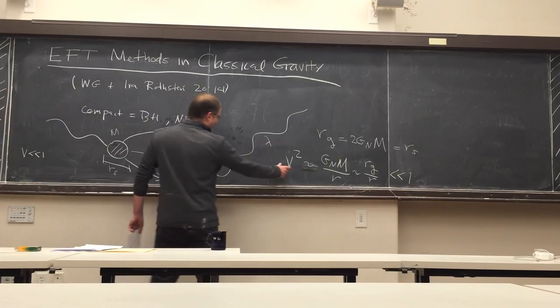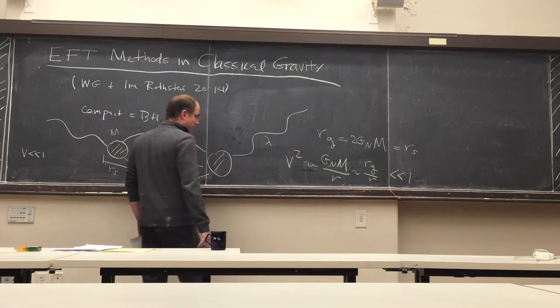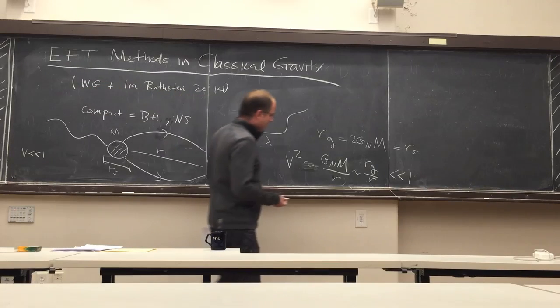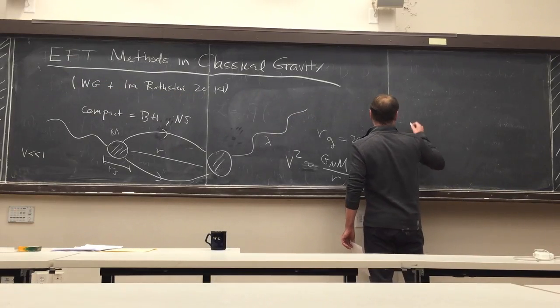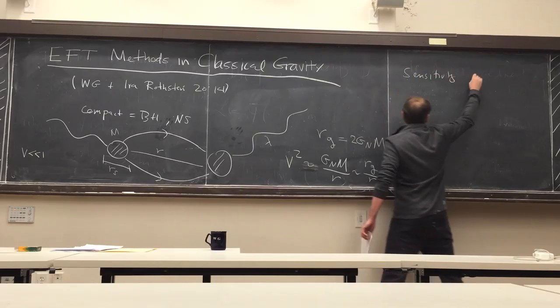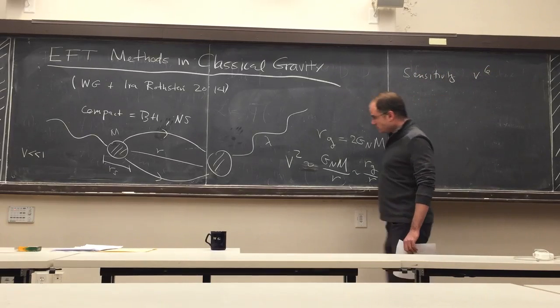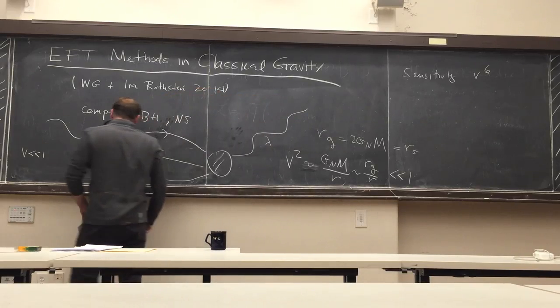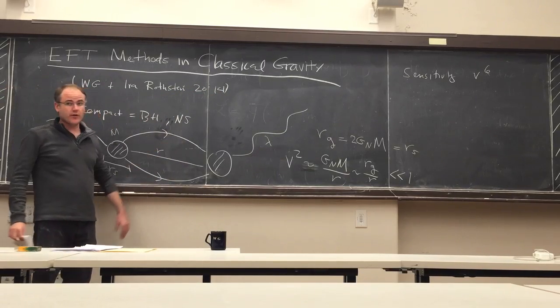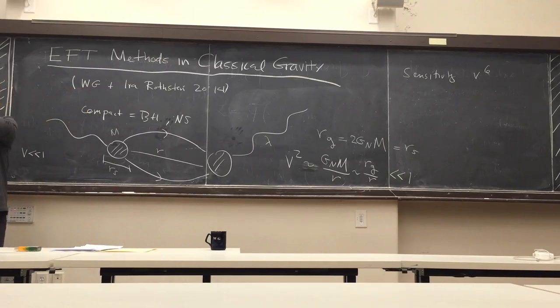In fact, the experiments require sensitivity to at least velocity to the 6, so pretty high order in the expansion. And then all the nonlinear features associated with relativistic gravity start coming into play at some order in the expansion.